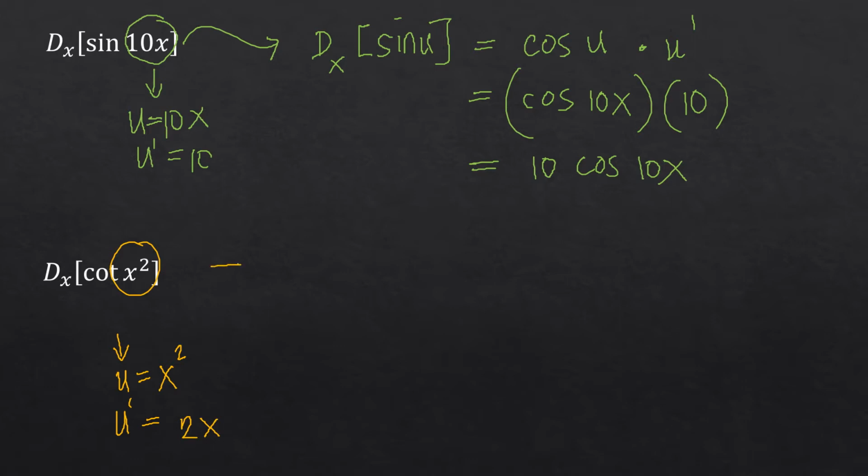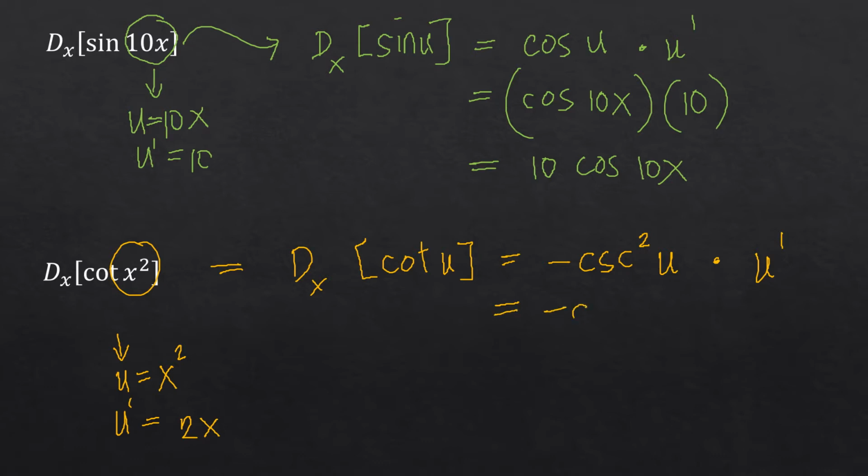So we may now rewrite this into the derivative of cotangent u with respect to x, and that is equal to negative cosecant squared u times the derivative of u. Letting u be equal to x squared, we have negative cosecant squared x squared times 2x. So our final answer is negative 2x cosecant squared x squared.